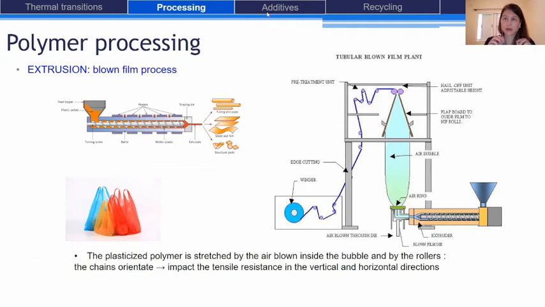So some are aligned along the circumference of the bubble and others are aligned vertically. And this impacts the properties of this film, which are very important for example for plastic bags, when we want to ensure mechanical resistance in the two directions of the film.